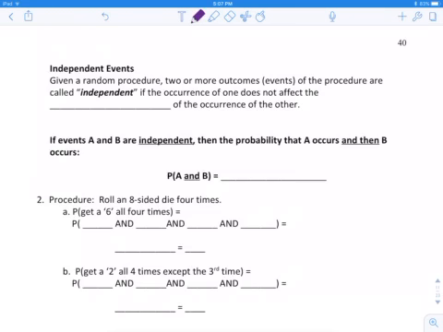So the definition goes, given a random procedure, 2 or more outcomes or events of the procedure are called independent if the occurrence of one, so the occurrence of the first, does not affect the probability of the occurrence of the other. So if two things are independent, then here we have what's called the multiplication rule.